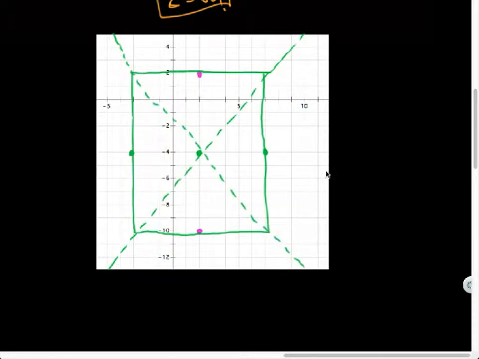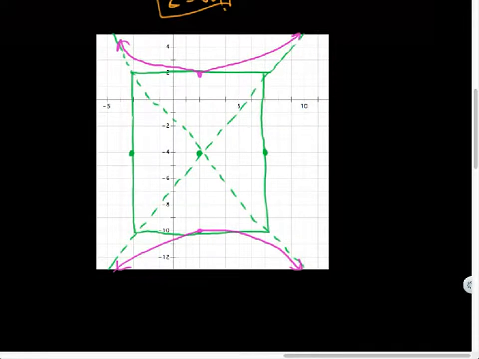So far, the only points that are actually on this graph are the purple points. So all of this work is just to figure out where this graph lives. Now that I have the purple points and the asymptotes, I would draw this, and it's vertically oriented, so that's why it's opening upwards, like so. And it gets infinitely closer to those asymptotes, but never gets there.